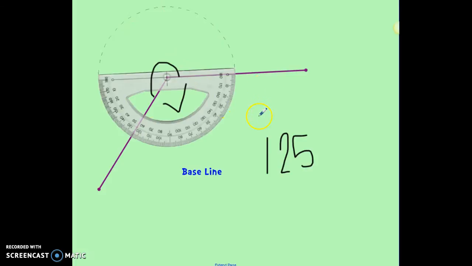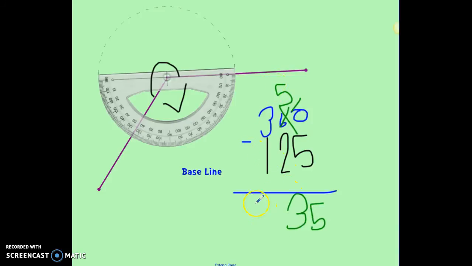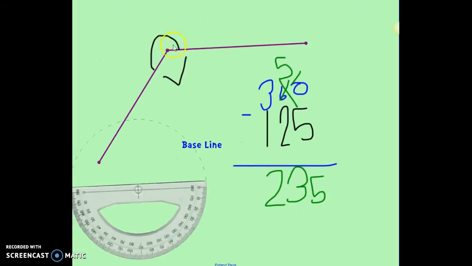Well, if a full circle is 360 degrees, if I subtract this part of my angle, I should be able to figure out what's left. So, cross this off, 5. 10 minus 5 is 5. 5 minus 2 is 3. 3 minus 1 is 2. So this angle over here, oops, let's move our protractor. This angle here measures 235 degrees.